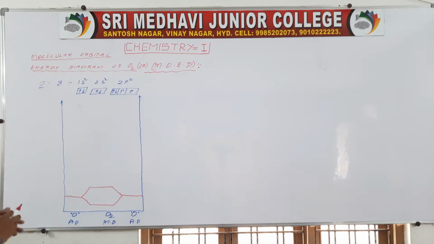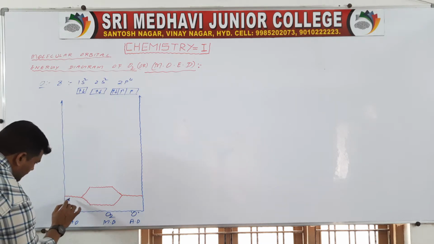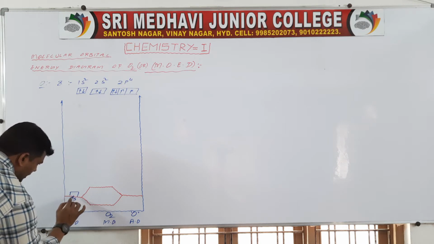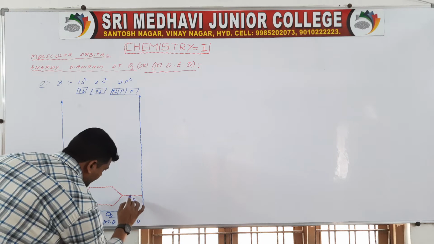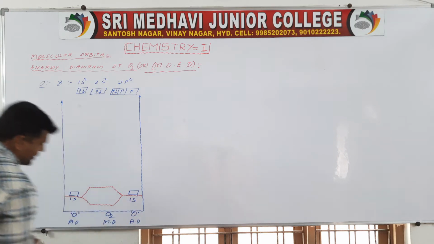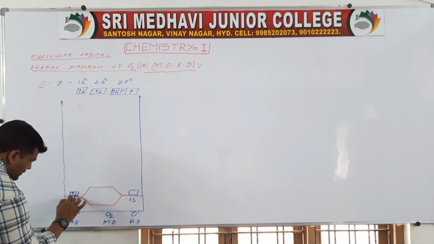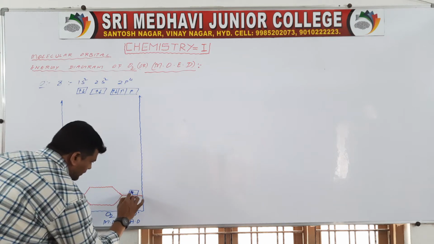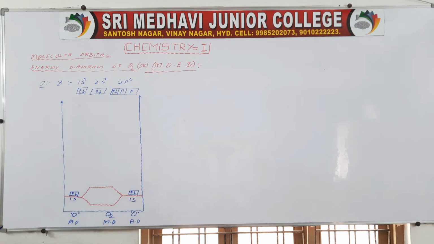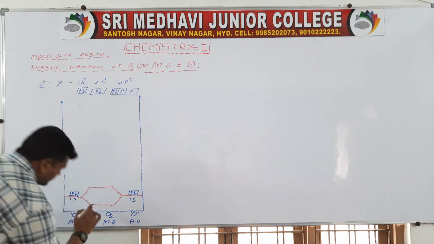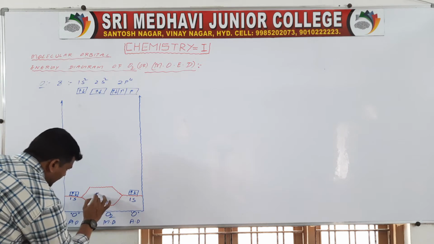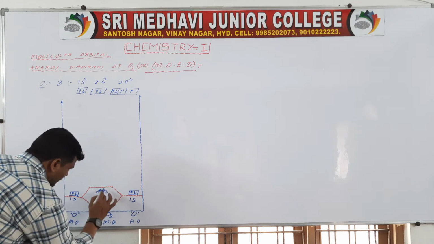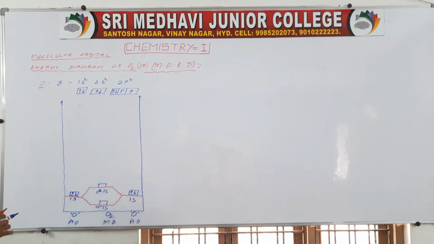This is 1s of one oxygen, it is 1s of another oxygen, each having 2 electrons. It is sigma 1s, it is sigma star 1s.